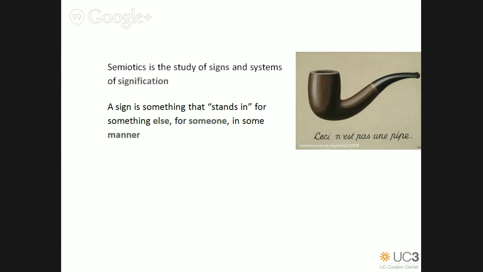Semiotics, of course, is the study of signs and sign systems, that is, things that carry meaning and the ways in which that meaning is codified, represented, and transmitted. Under the triadic theory of semiotics put forward by C.S. Peirce and later extended by Morris, a sign is something that stands in for something else, for someone in some manner.